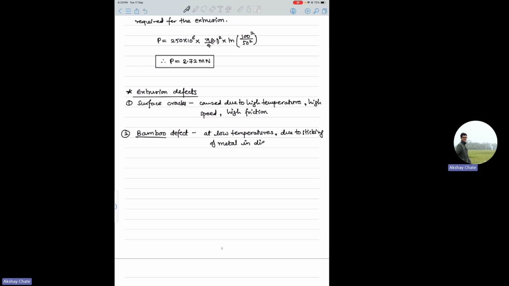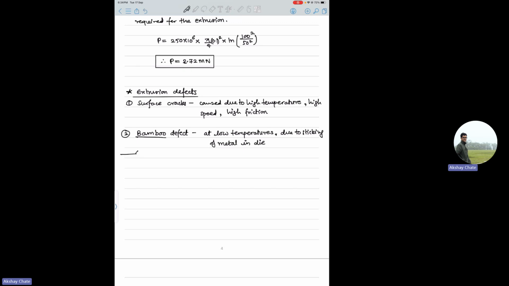Okay, so sometimes even if you use lubricant, since you are in the cold extrusion regime, you need proper lubrication, etc. If it is not there, you'll get bamboo defects.